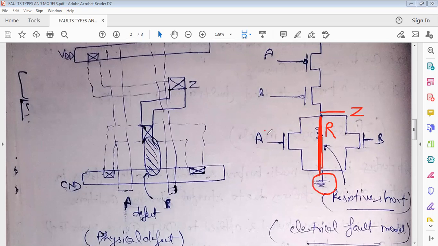It will not depend upon these values. So this is stuck at 0 volt. Now if the value of this resistance is very high, in that case a stuck at 1 fault may occur. So these are the stuck at 0 and stuck at 1 faults.